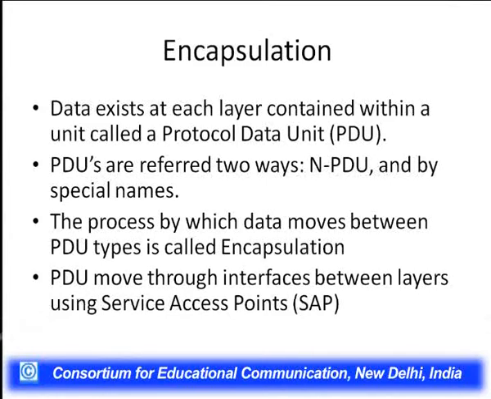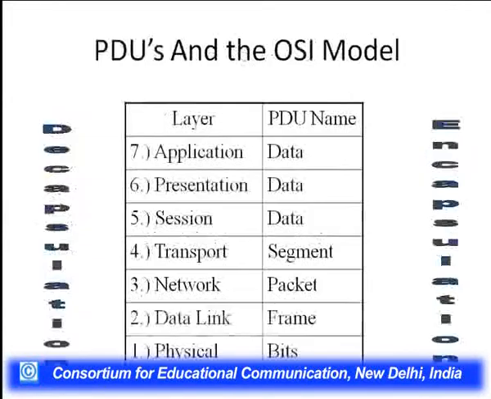PDUs are referred to in two ways, either by the number of the layer and the PDU, or by special names. The process by which data moves between PDU types is called encapsulation. PDUs move through interfaces between layers which are known as service access points. Service access points are commonly known as ports also.